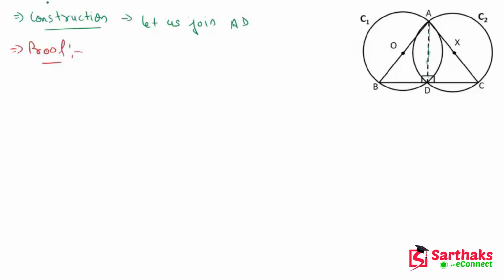Now, my dear friends, we know that in circle C1, AB is the diameter, and the arc ABD is a semicircle.